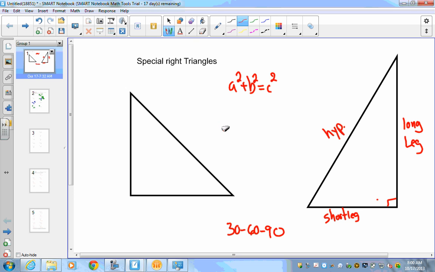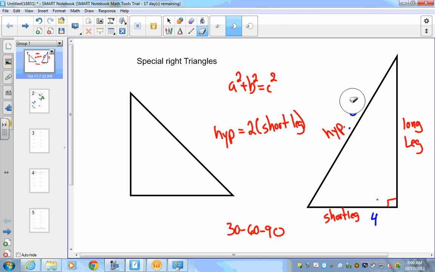The hypotenuse is equal to 2 times the short leg. Okay, so what that means is if I had a short leg that is 4, the hypotenuse would be 8. Or if I had a hypotenuse of 10, then my short leg would be 5.